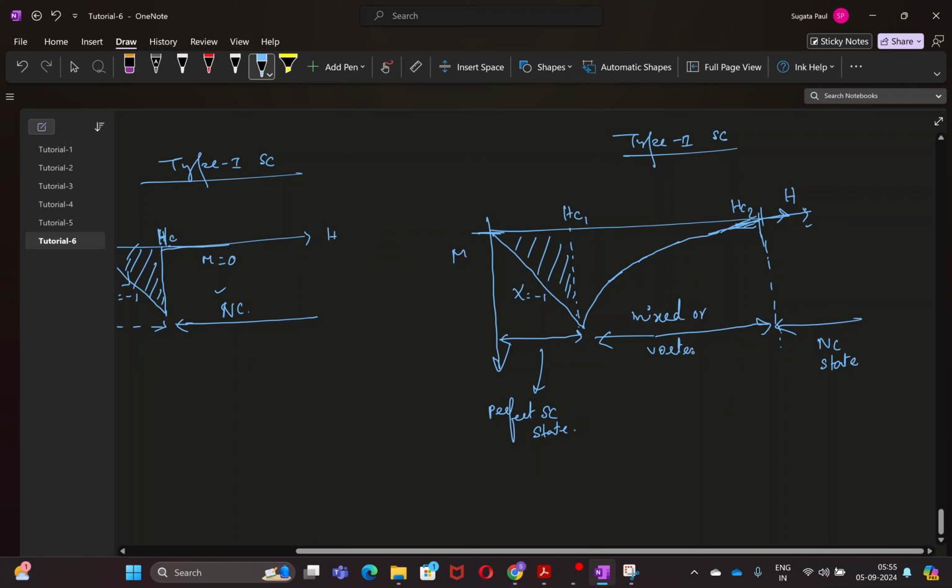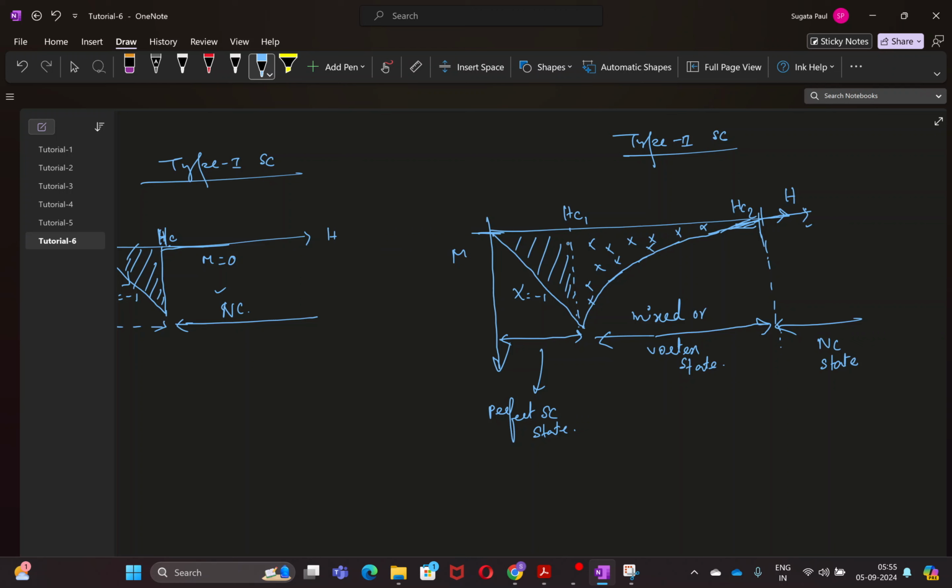Why mixed or vortex? Below Hc1 there was no penetration of magnetic flux in the system, and it was behaving like a perfect diamagnet, which is a perfect superconducting state as well.